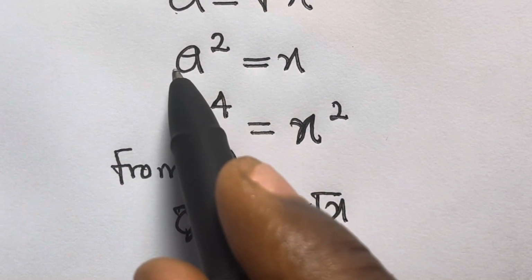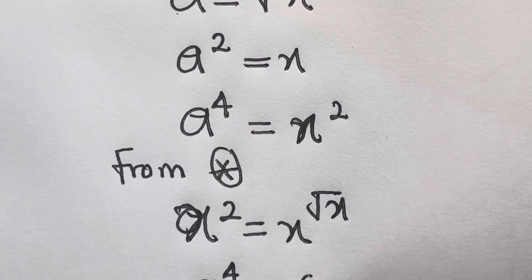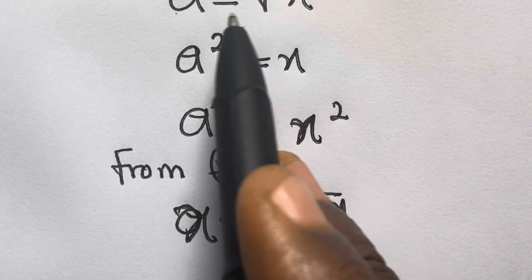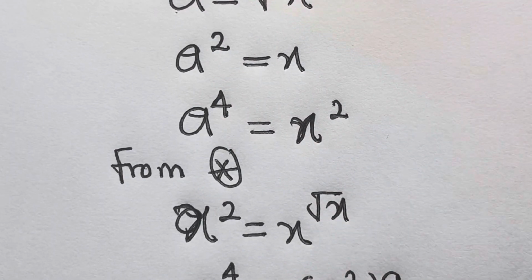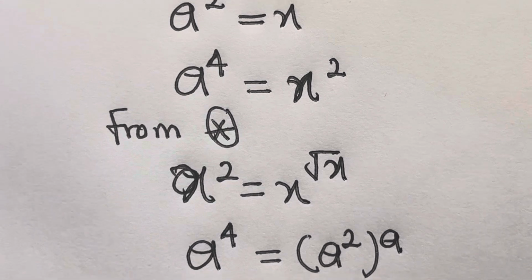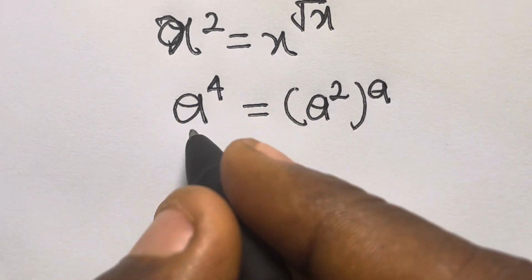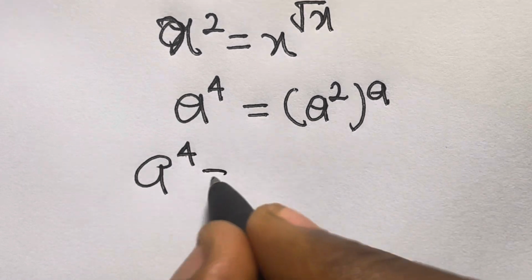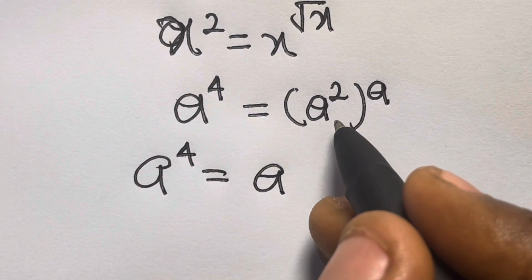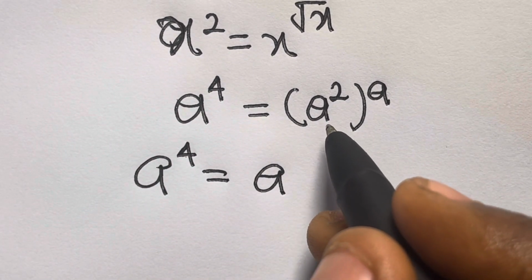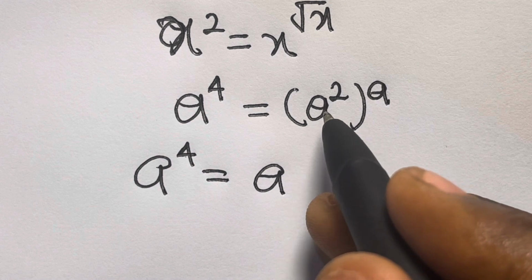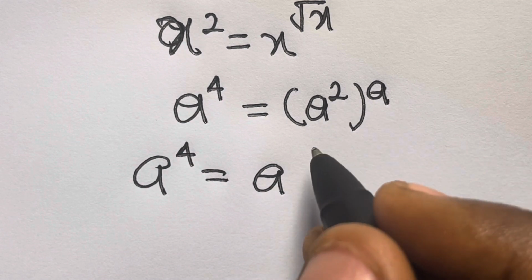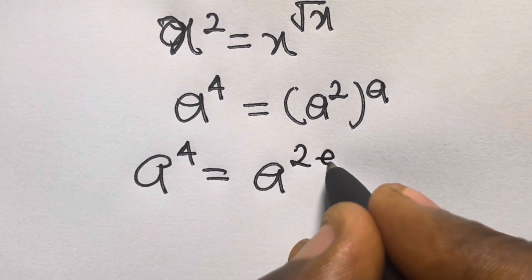Our x is a squared, so we have a squared raised to power square root of x. What's our square root of x? That is a. So if you simplify that, we have a raised to power 4 equals a raised to power 2a. This is the power law: when a number raised to a certain power is again raised to another power, the powers are multiplied. So we have a times 2, which is 2a.